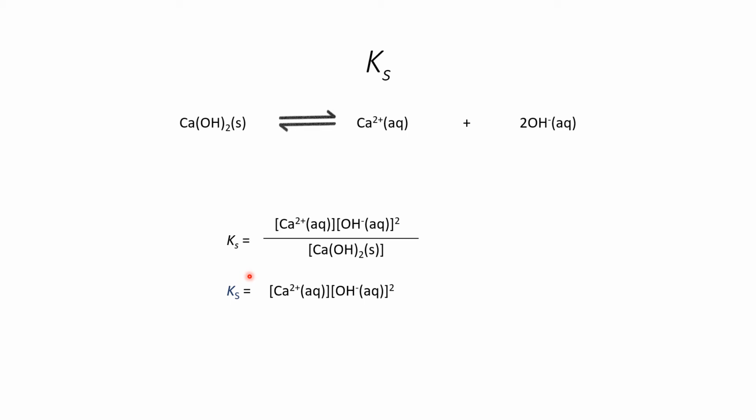Concentration of calcium times concentration of hydroxide squared. And again, we can generalize this to K sub S for what's called an A2B or an AB2 reaction: concentration of A times concentration of B squared, or concentration of A squared times concentration of B by itself.